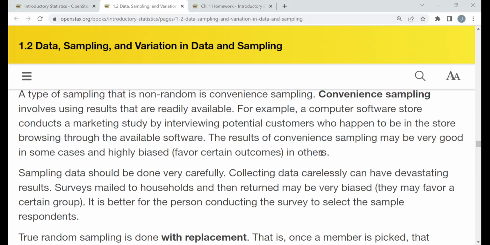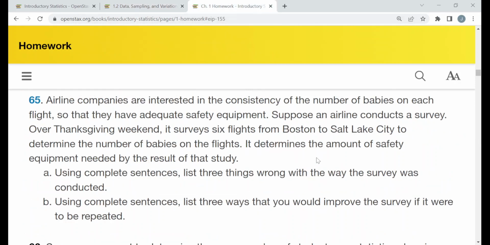Okay. Now that I've gone over the different sampling methods mentioned in this section of the text, I want to take a look at some exercises. At the end of the chapter, there's homework.